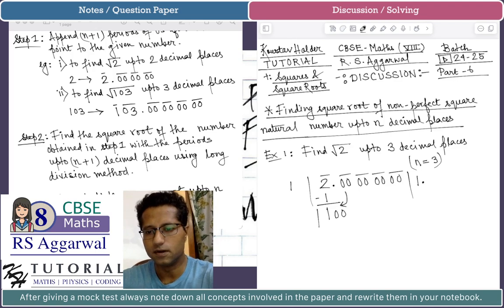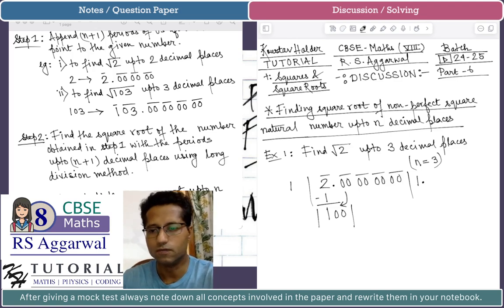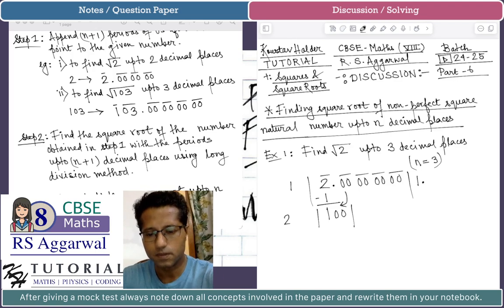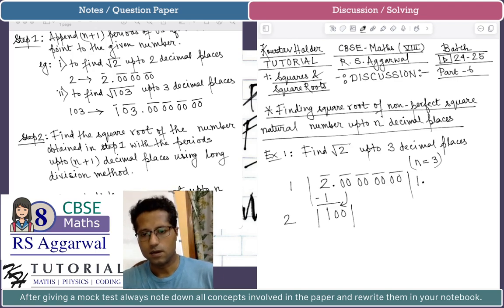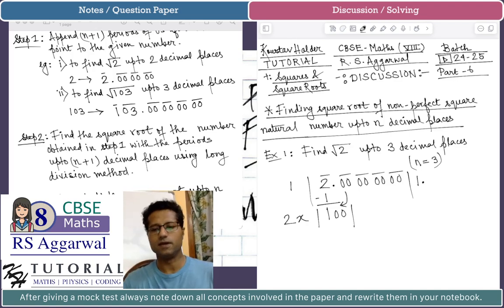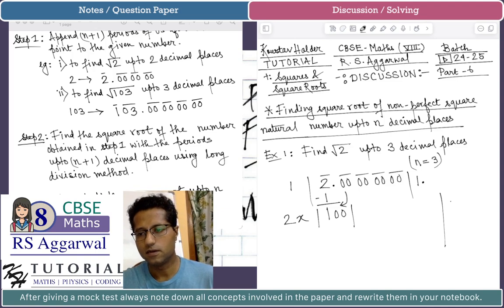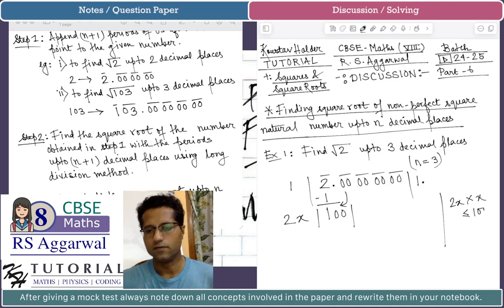Now 100 becomes the dividend, and the partial divisor will be whatever the quotient is, ignoring the decimal point, which is 1, multiplied by 2. So 1 into 2 is 2. Now I have to put a digit x such that the number 2x multiplied by x is less than or equal to 100.